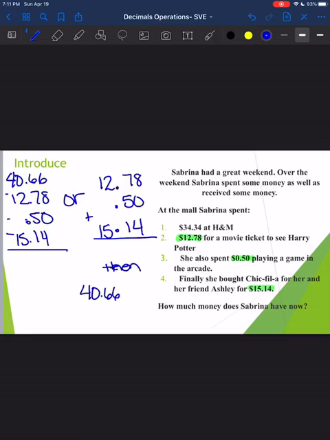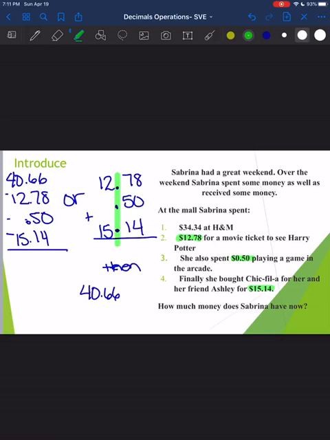So I am going to do the addition and then subtraction. One of the things that I want you to notice is, once again, I made sure that my decimal points are all lined together, that all of my numbers are in the same place value. My 78 cents, my 50 cents, my 14 cents, they're all aligned correctly.